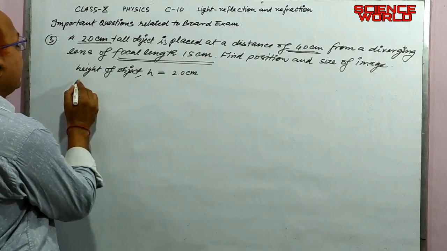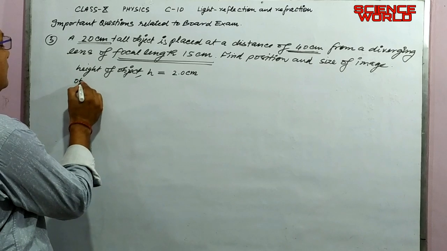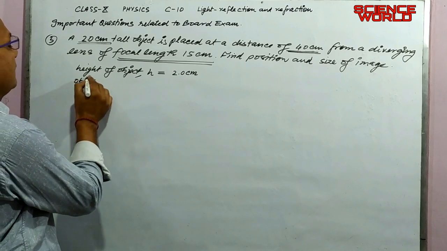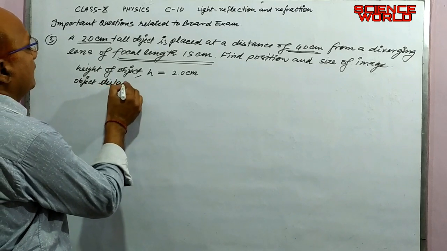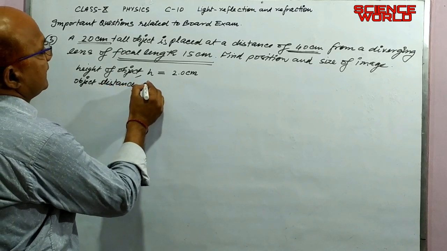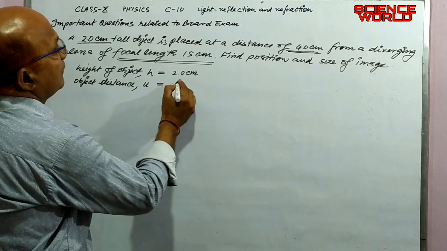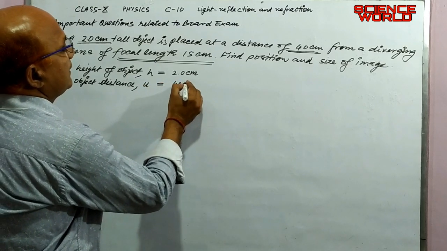Object distance is given, object distance u equal to 40 centimeter.